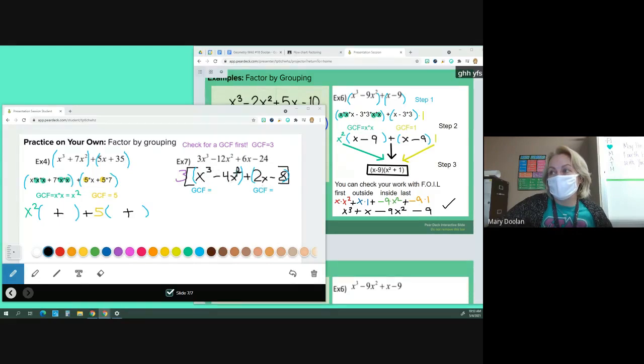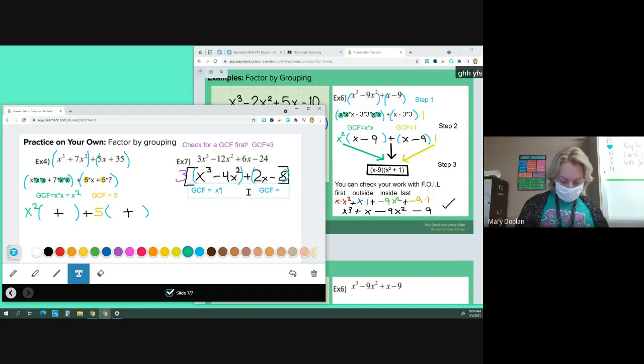This has a different GCF. The GCF here that they both have in common is 2 copies of x. The GCF here that they both have in common is 2.